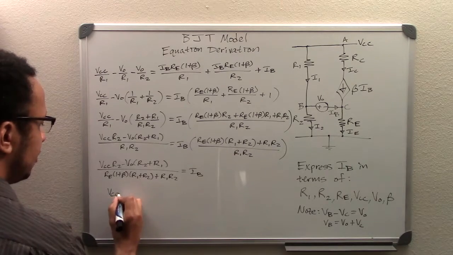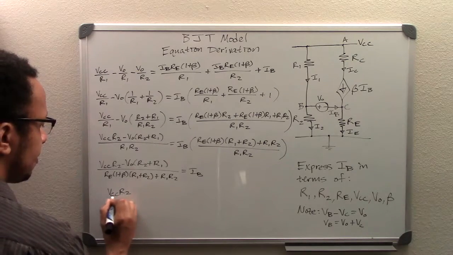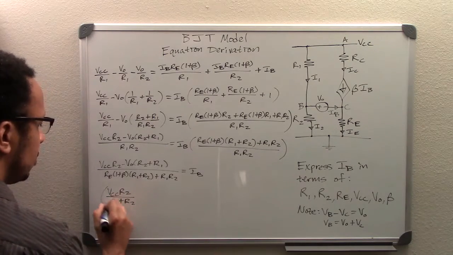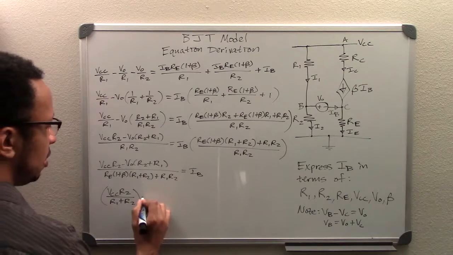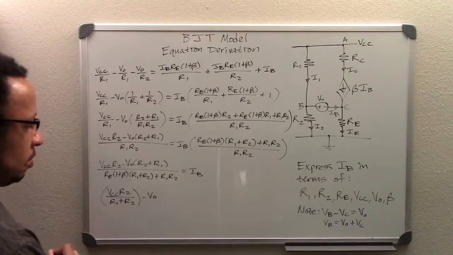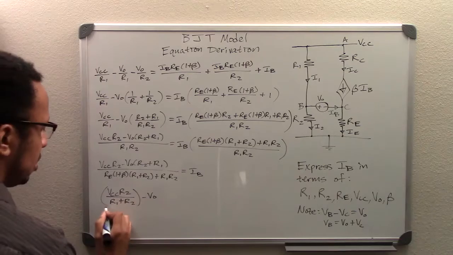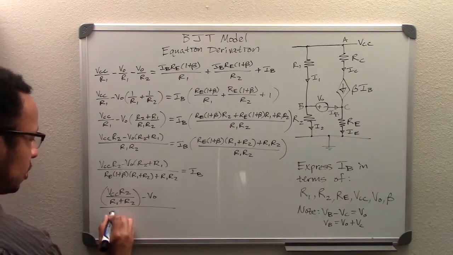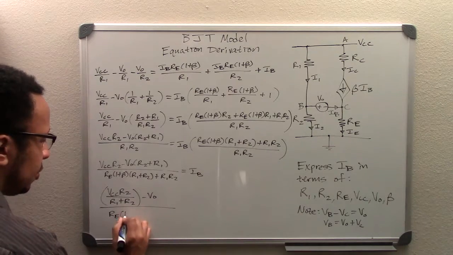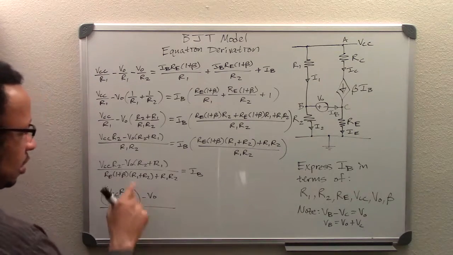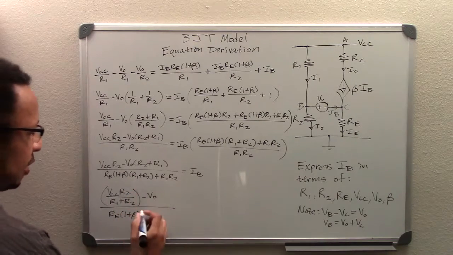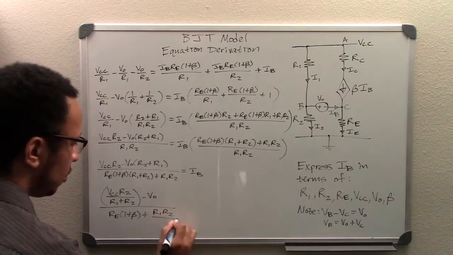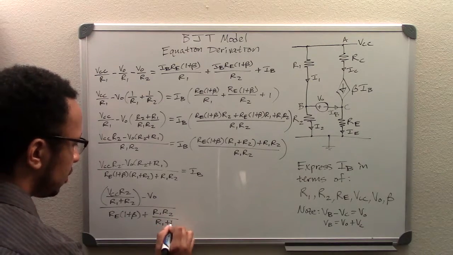And so VCC times R2 over R1 plus R2, minus V sub 0, being divided by RE times (1 plus beta) plus R1 times R2 over R1 plus R2.